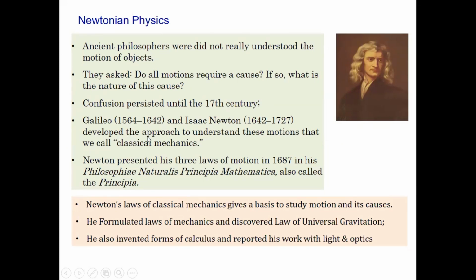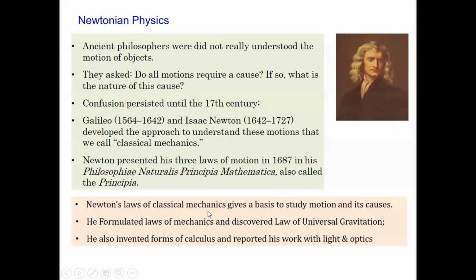They developed an approach to understand the motions of objects, and the subject was termed classical mechanics. Newton also presented his three laws of motion in 1687 in his famous book called Principia.